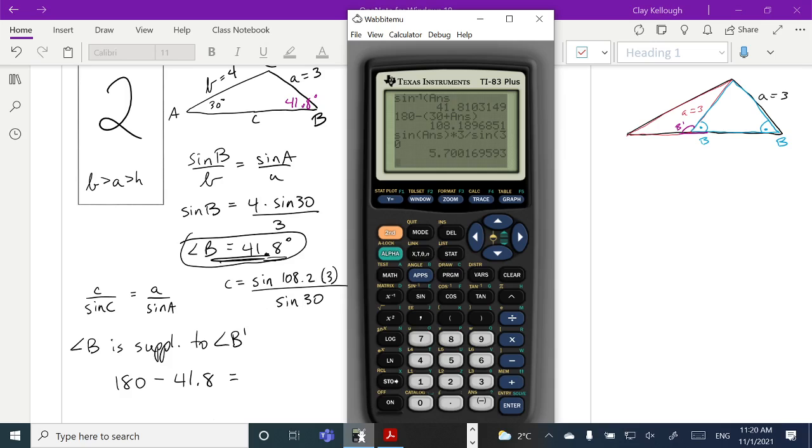We got angle B by going 4 times sine 30 divided by 3 and then inverse sining it. Here, I'll do it as a shortcut. Inverse sine of, open a bracket, 4 times the sine of 30, close the bracket for the 30, close the bracket for the numerator, divided by 3, close the bracket, equals, and there it is, 41.8. So 180 minus that answer is 138.2.